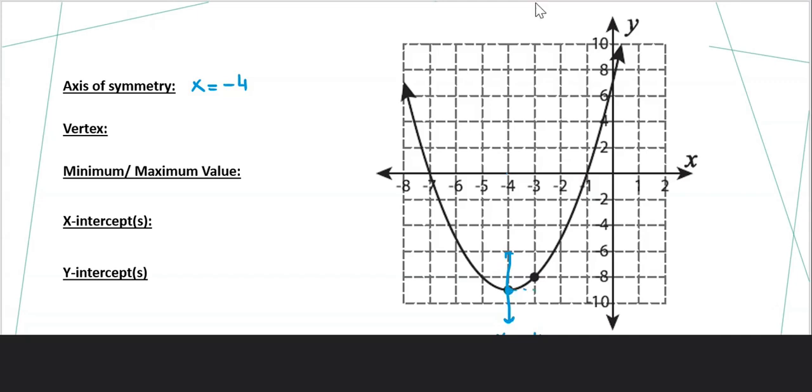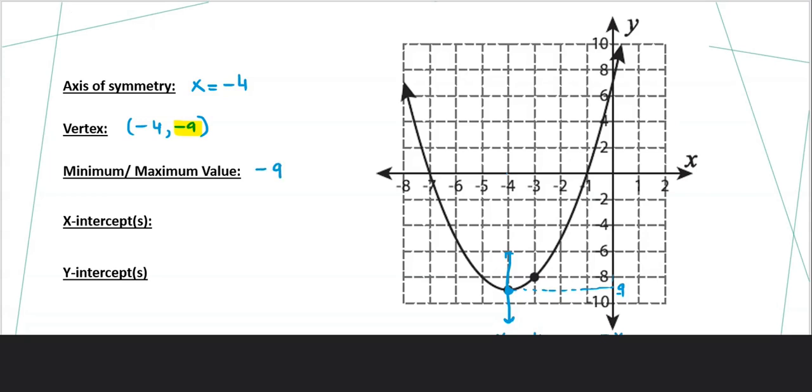The value of x is minus 4. The value of y is in the middle of 8 and 10. So it is nothing but minus 4, minus 9. It is minus 9 because it is on the negative y-axis. Okay, and the minimum value is this value, which is minus 9.